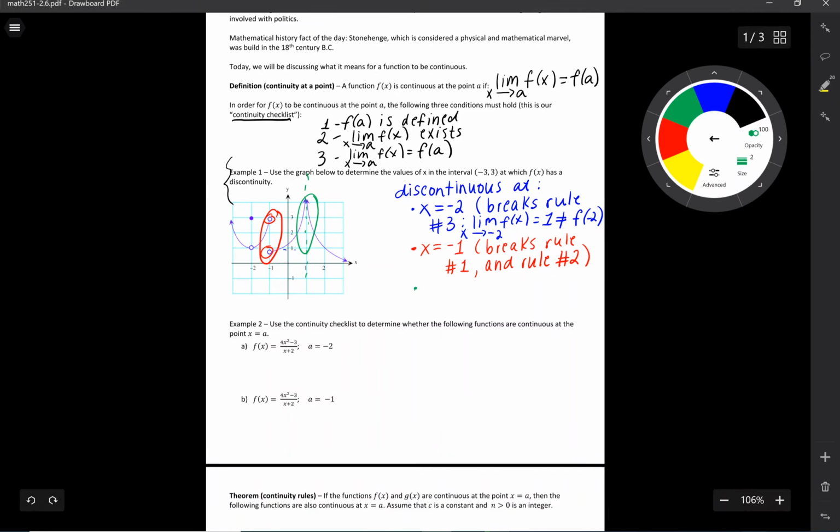So at x equals 1, I am discontinuous. I break rule number 1, rule number 2, and rule number 3. I'm not defined there since I'm going up towards infinity. My limit does not exist since I'm going up towards infinity. And I can't actually evaluate the function at 1, so that makes 3 invalid as well.